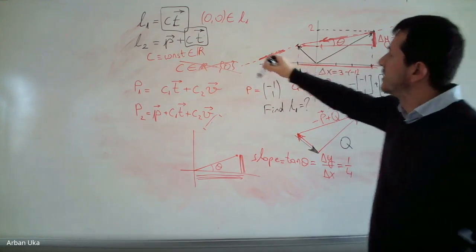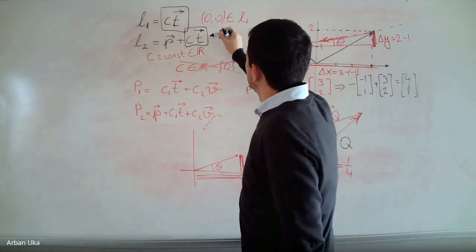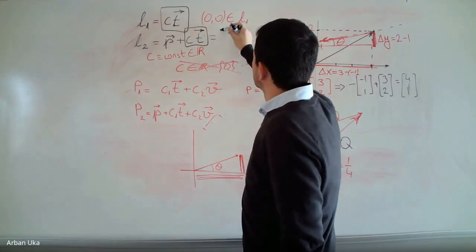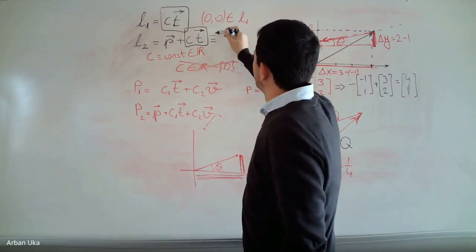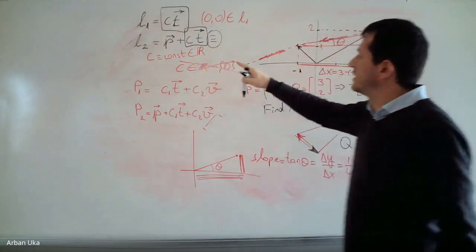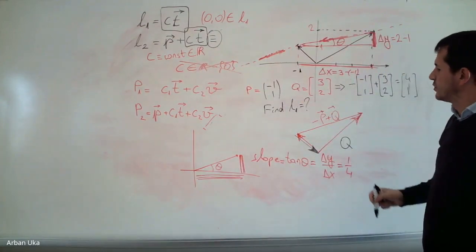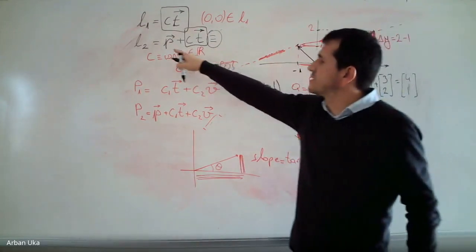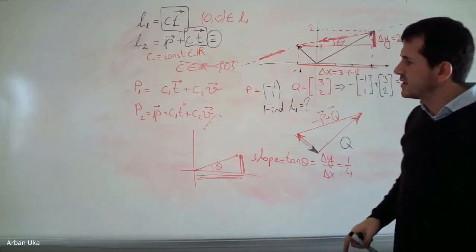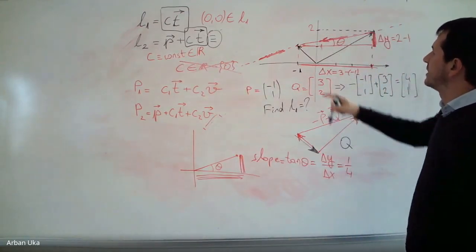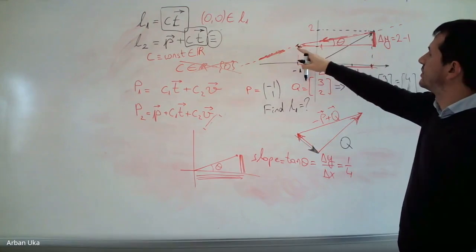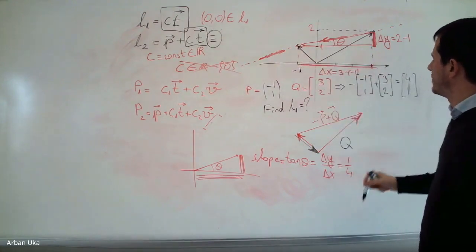So this line should be expressed in an expression like this, like L2. So we need to determine what is this vector P. Now to determine this vector P, we can select any reference point. Okay, so we can pick here minus 1, 1.